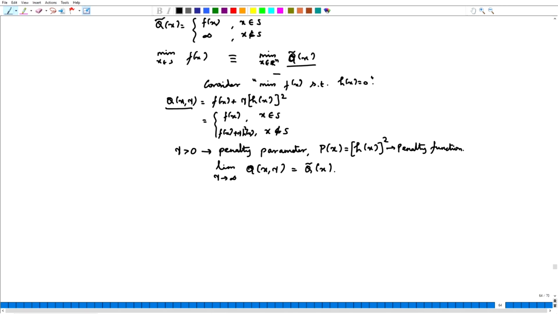Okay. So, fine, but what is so great if you are actually not minimizing q tilde of x?